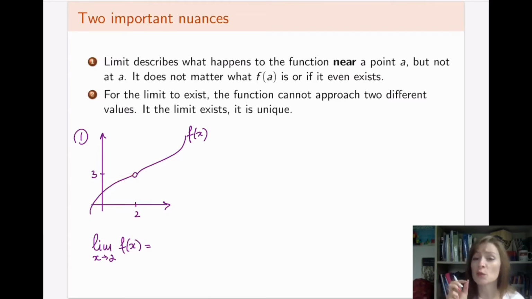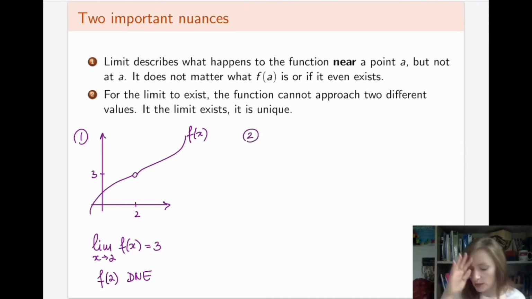It doesn't actually have to equal that value. It just has to equal it in the limit, so as it approaches it. So here we can see that it will approach 3, although it will never get to 3. And that's okay. But also notice that f of 2 here does not exist, right? There's a hole there, so the graph itself doesn't exist there, but the limit value does.